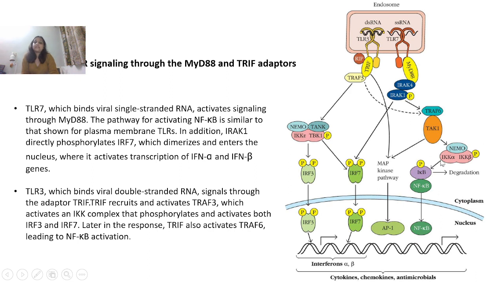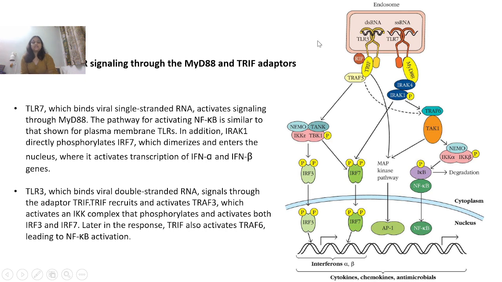This is again phosphorylating this complex NEMO, IKK alpha, IKK beta, which is then leading to the phosphorylation of I kappa B, which is getting degraded. Then NF kappa B is entering the nucleus and it activates the transcription of different genes like interferon genes or ISGs.